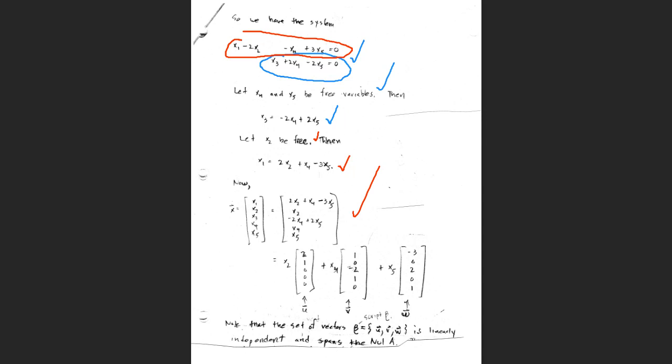So we're going to write the vector x in parametric vector form. And I would want to see this kind of work on your next exam. I mean, this is no big deal to do the row operations and write this out.